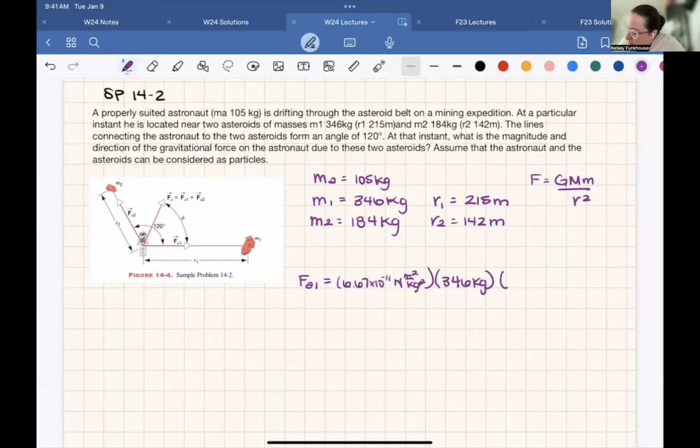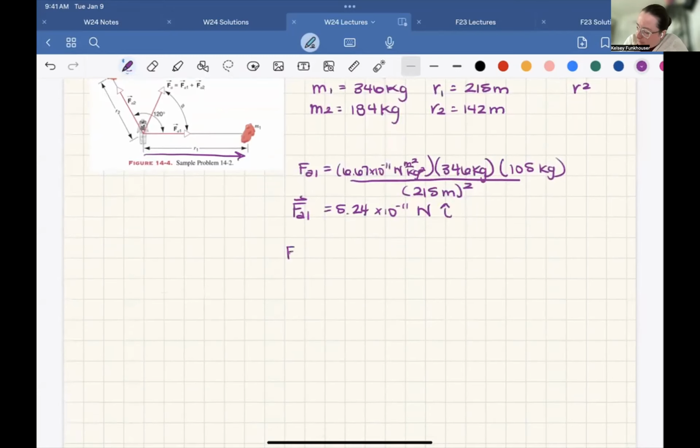And then the mass of the astronaut, 105 kilograms. And then the distance between them squared, 215 meters squared. And so this gives us the force on the astronaut from asteroid 1 equals 5.24 times 10 to the negative 11 newtons in the i hat direction, because that is this one here.